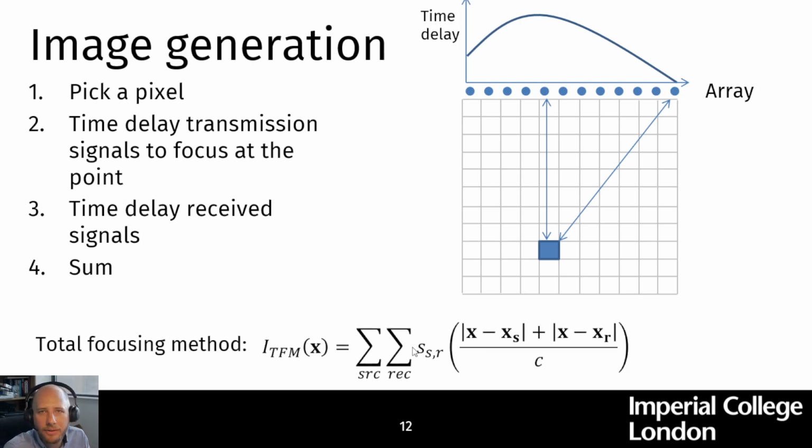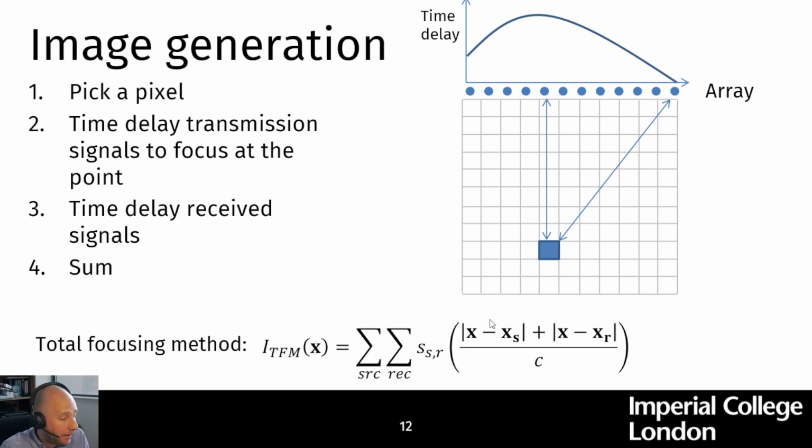I tend to avoid doing too much maths in these slides, but sometimes it's a little bit necessary. I'll run through what we've got here. Essentially, our imaging point is point X that you can see here. You've got our source points. This would be for one particular element, XS for the source, XR for the receiver. And essentially, you can get these two distances, then sum them up.